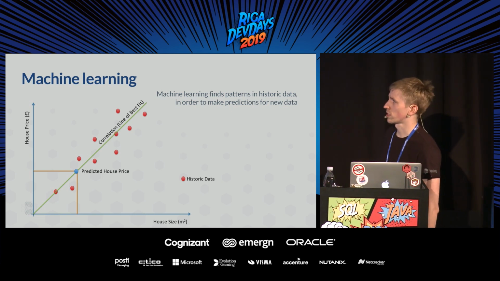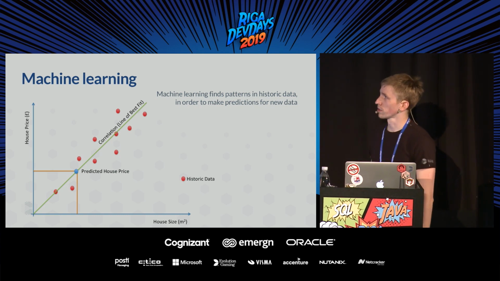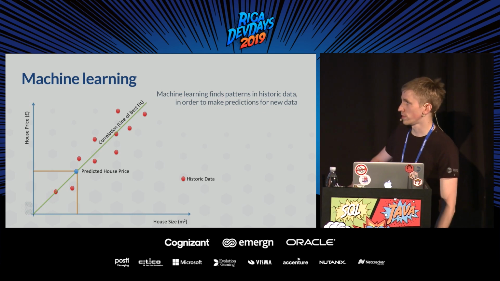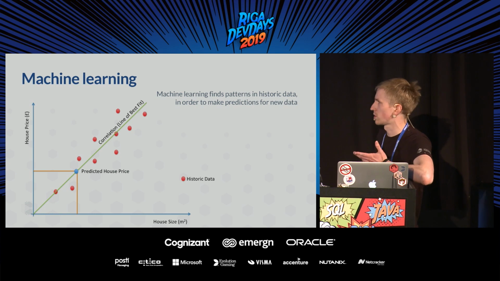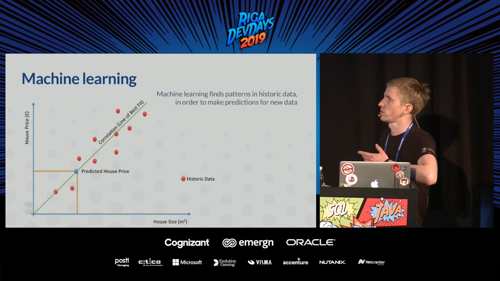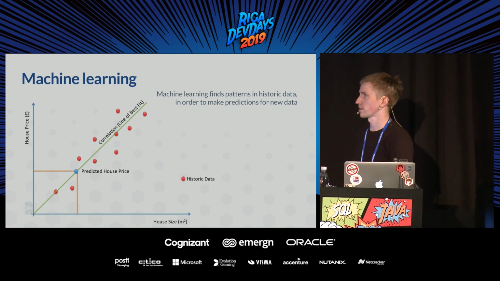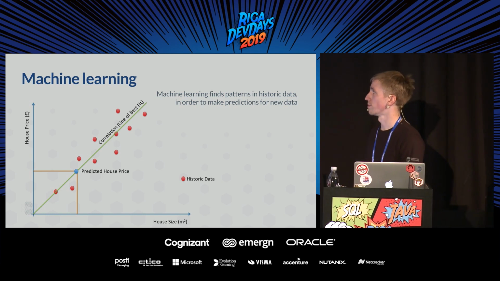The red dots are historical data that you have collected from previous experience. And the green line is the law that you have found for this problem. And when you have a new house that you want to evaluate, you just find the price that stands over here. That's it. That's the short story.